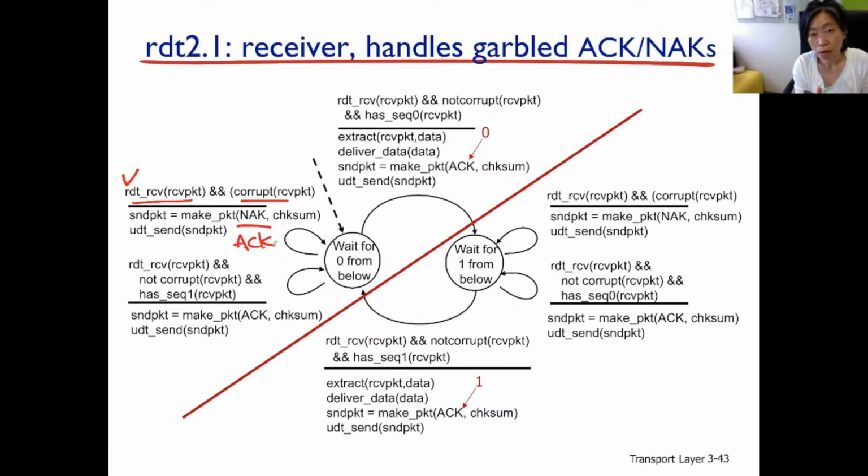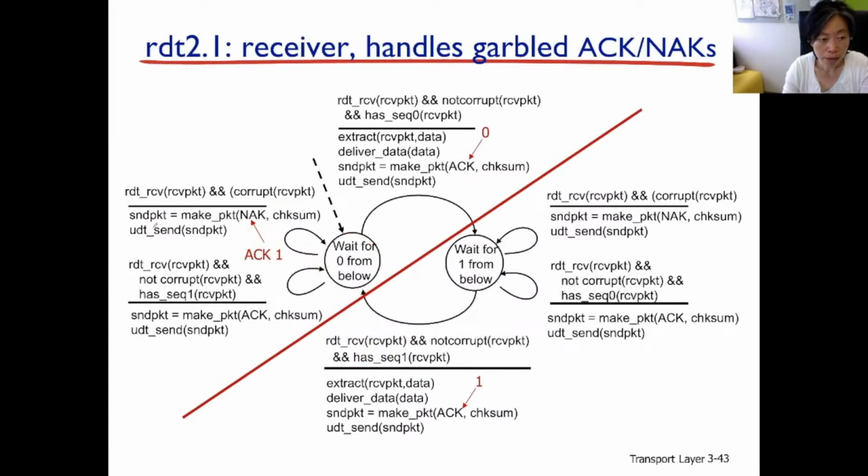So the rule of thumb for generating the sequence number is: who is the last data packet received okay? The receiver is currently waiting for data 0 from below, so the last packet received okay should be carrying sequence number 1. The ACK should give the sequence number of the data packet last received okay. So it should be ACK1 that we're sending back to the sender.